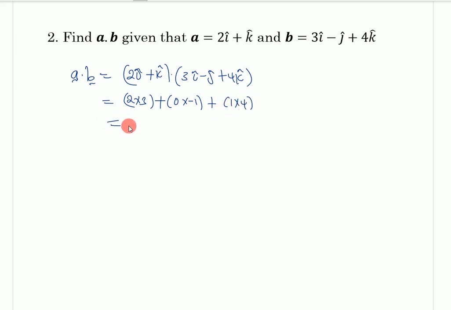You don't put the i's because when I get i dot i I just get 1. What you get as a result of a dot product is always not a vector. You can see that it does not bear the i's, the j's, and the k's because it is not a vector. It is just a scalar. This one is 6 plus 0 plus 4, getting us 10. So you have that a dot b is equal to 10. That is dot product.